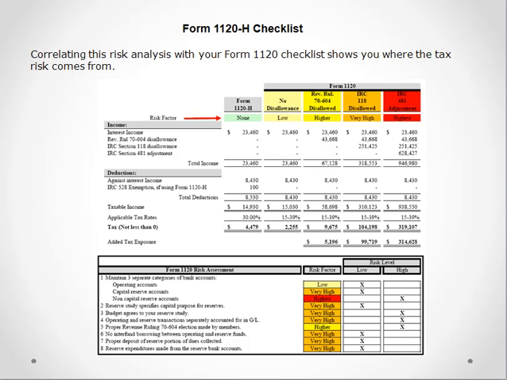In this slide here, what we're doing is correlating the risk analysis that we've talked about on the previous slides here to where this risk comes from. If you look at the bottom of this slide, this is your Form 1120 checklist. And what we're looking at here is, where does the tax risk come from? The biggest tax risk comes from not separating your non-capital reserve accounts from your capital reserve accounts.